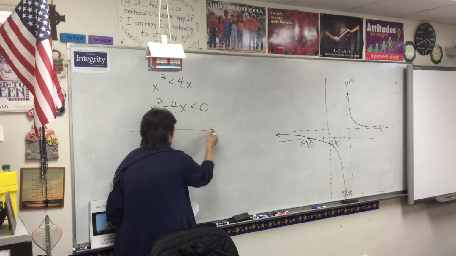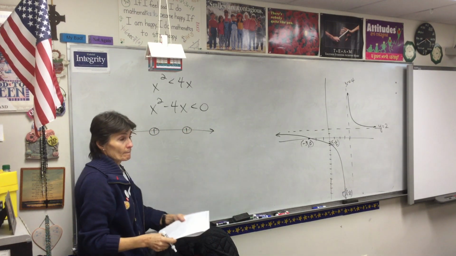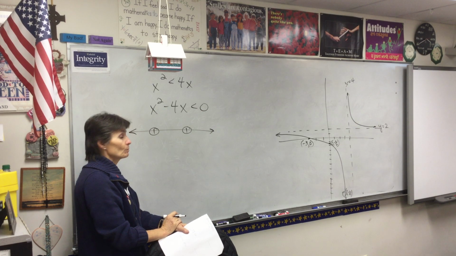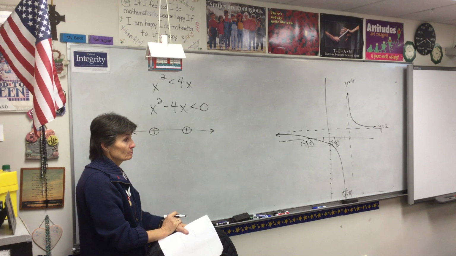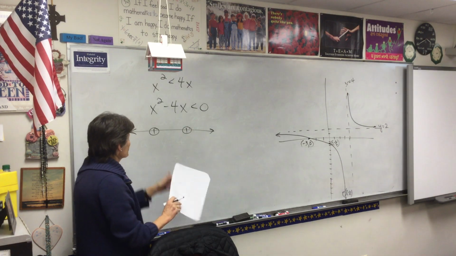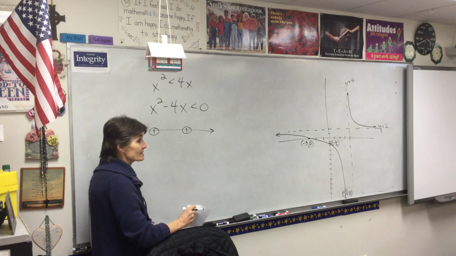Now I know I'm going to have a number line. And I'm going to have a couple of dots on that number line. How do I figure out where the dots go? I have to factor that. That's exactly right. So this one's a little tricky. Just, it's easy. Take an x out.